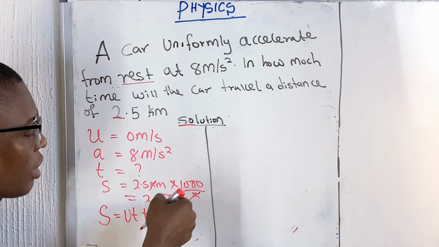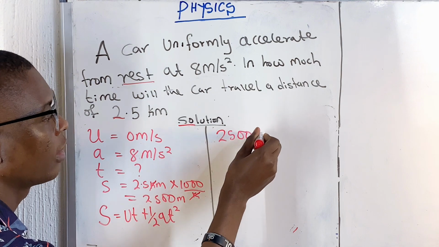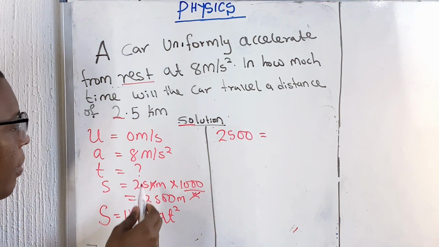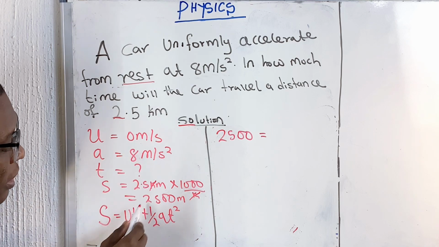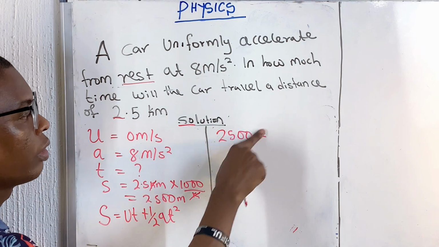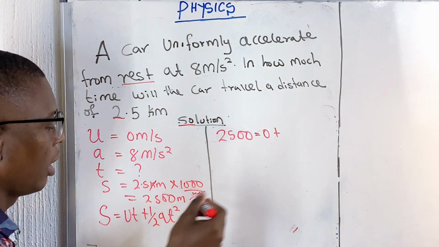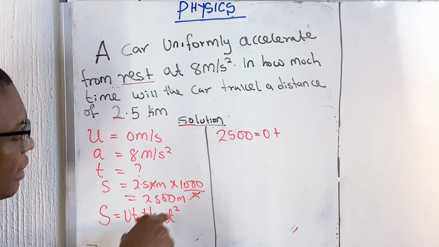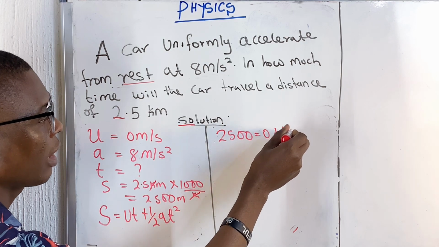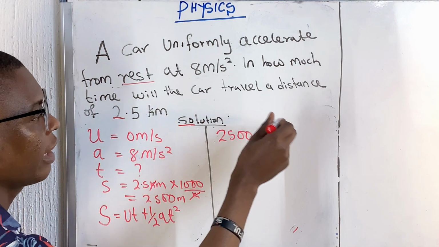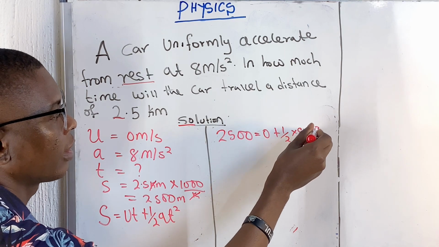Our s is 2,500. So 2,500 is equal to, we know that u is 0, so 0 multiplied by anything gives you 0, plus half at squared. We write our half, times what is our a? Our a is 8, times t squared.